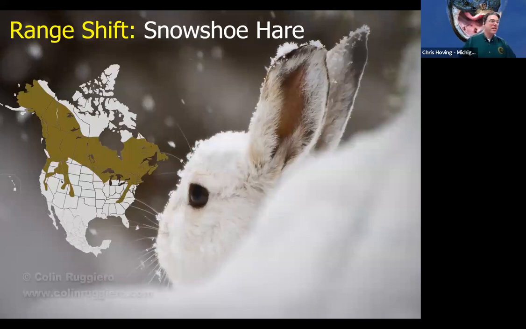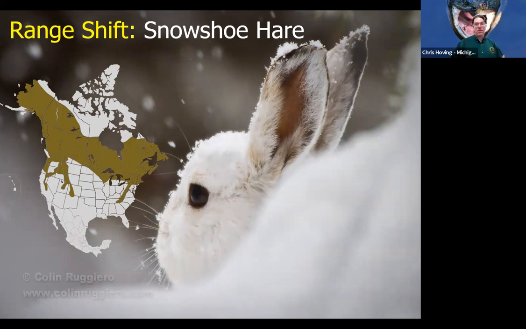So snowshoe hare. Snowshoe hare are a species whose distribution really overlaps the area where we have consistent snow through the winter. If you look at a map of snowfall for North America, this range map of snowshoe hare is also the area where you get the deepest snowfall across the continent.